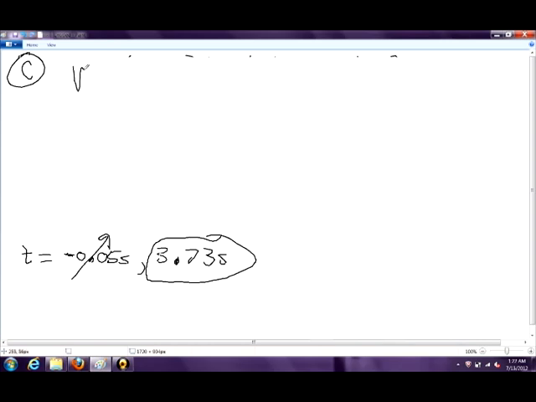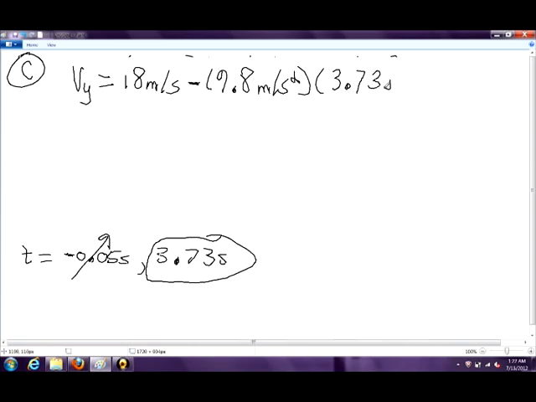So Vy is equal to V0y, which is 18 meters per second, minus gt, so minus 9.8 meters per second squared times t, which is 3.73 seconds.